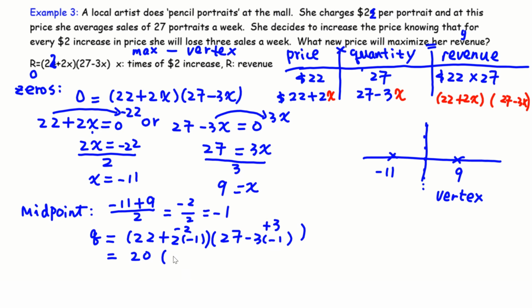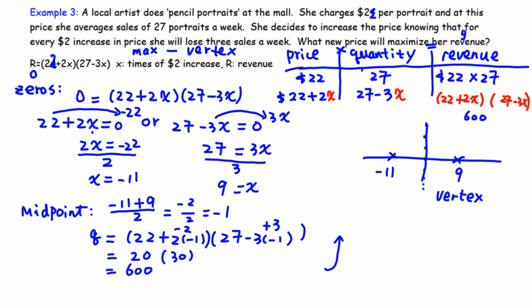So 27 plus 3 gives you 30. Then you will have 600. So it means the maximum revenue is 600.